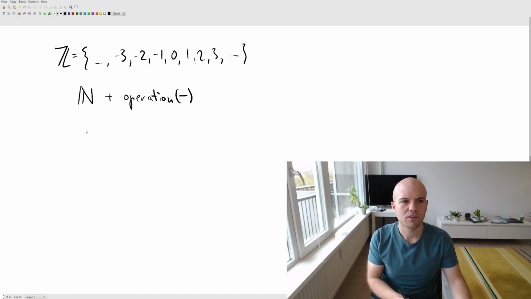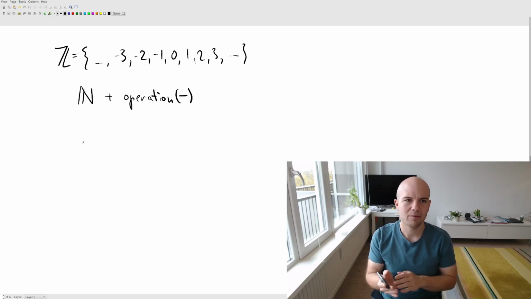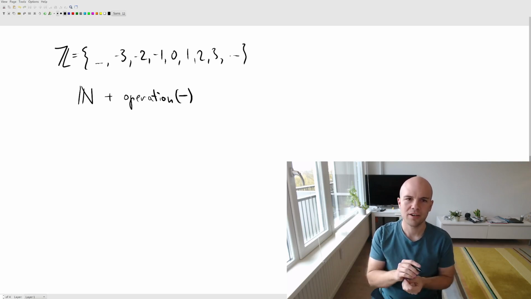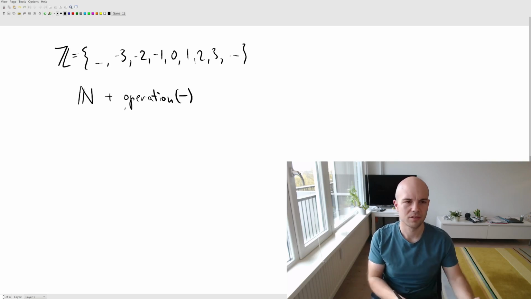In a certain sense, every element in the integers can be represented as a subtraction of natural numbers.